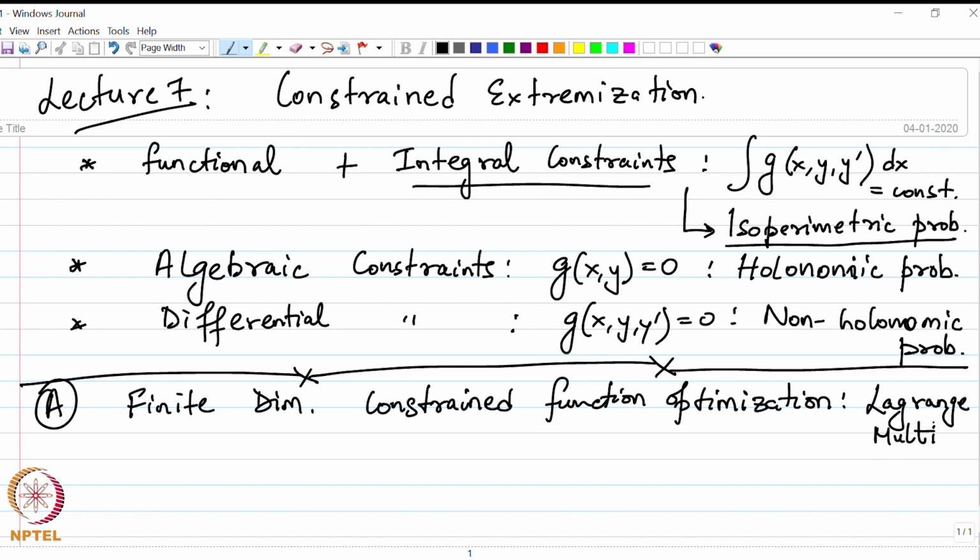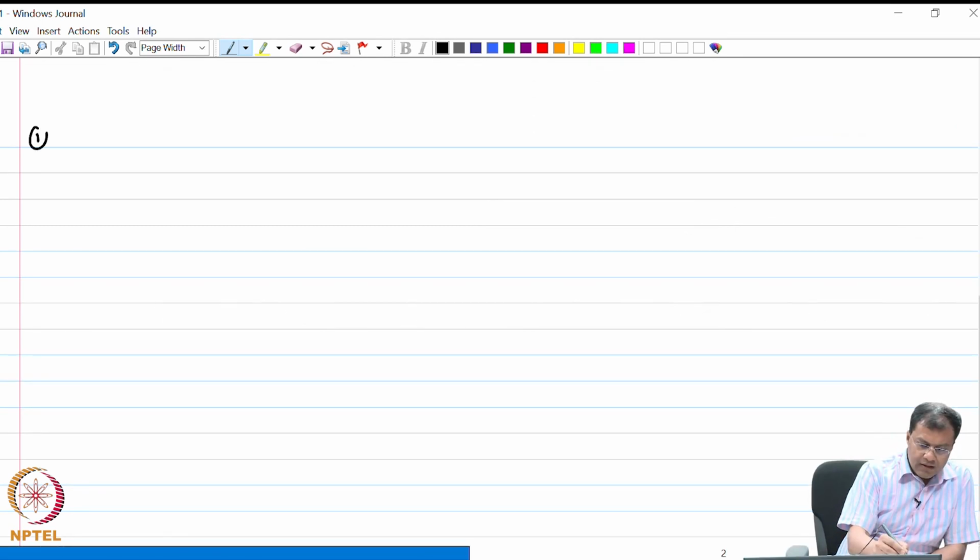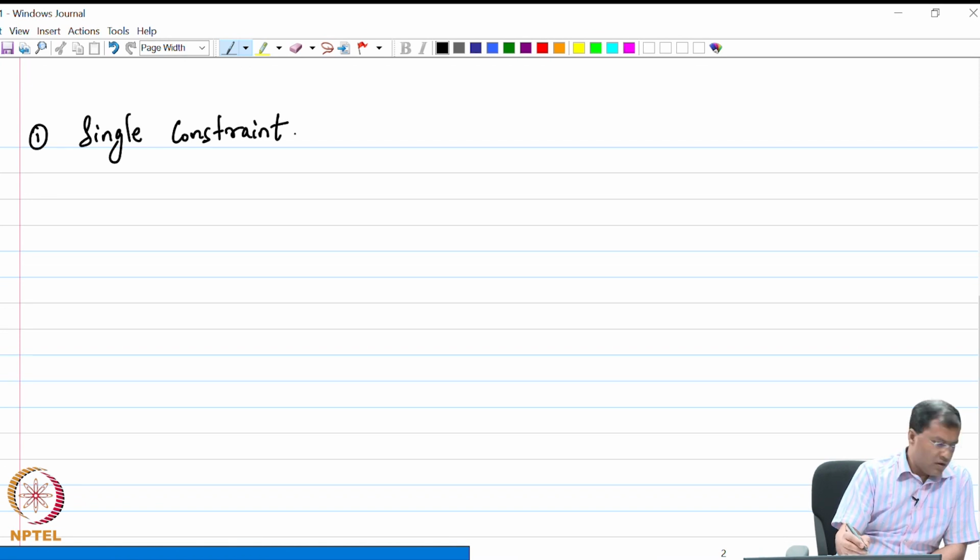We are going to revise this method, and to do that let us start with the very basic constraint problem, namely problems with a single constraint. Let us start our discussion with single constraint problems.